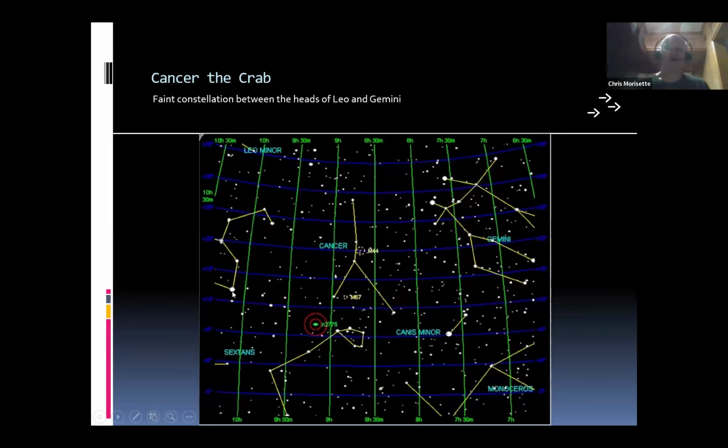If we find Regulus over here in Leo, and we go 18 degrees this way, or if we recognize Gemini, which we should have when we were practicing our stargazing back in the winter, we can get to it by going 12 degrees from Pollux down here.